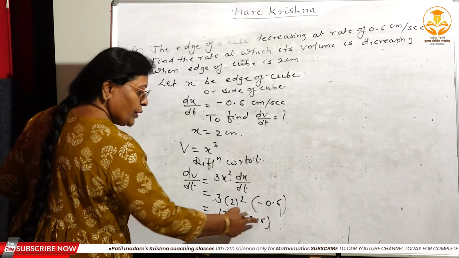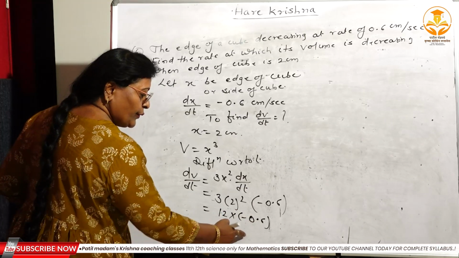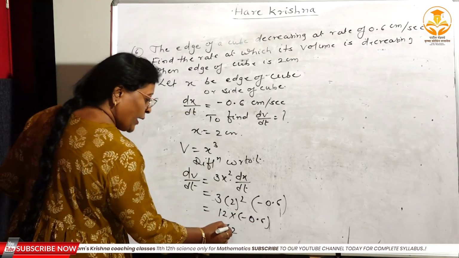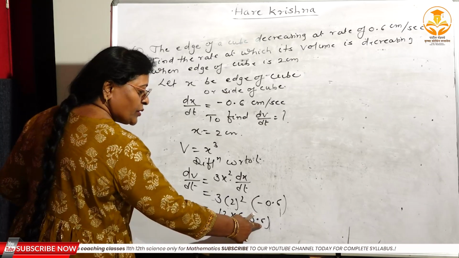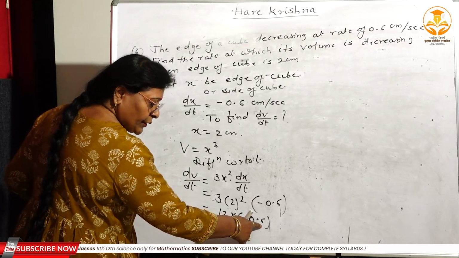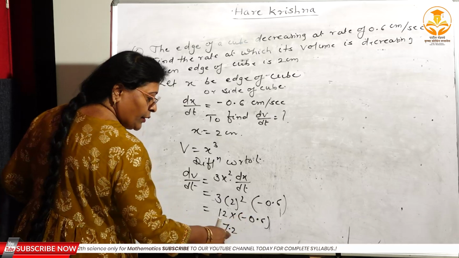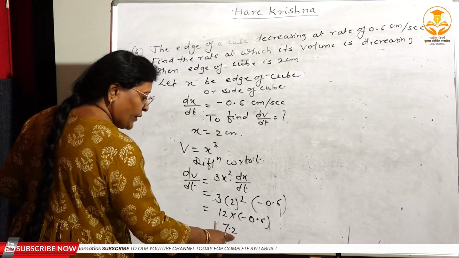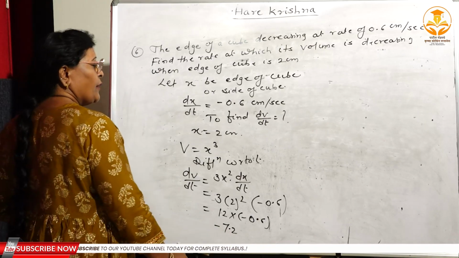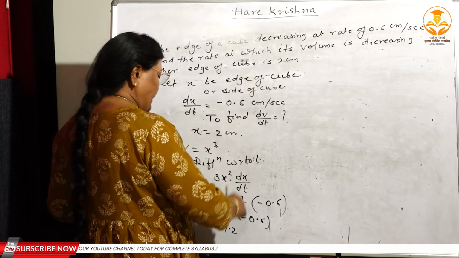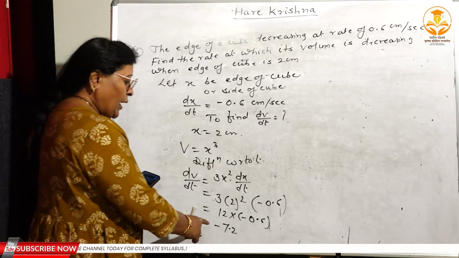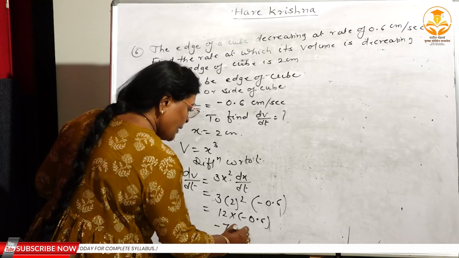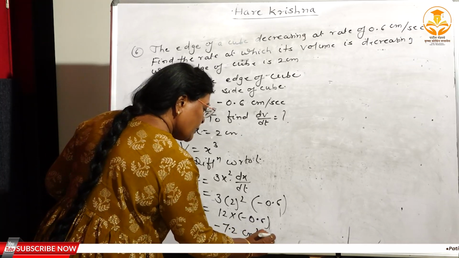This is 72, 6 twos are 12, 2 1 carry, 6 ones are 6, isn't it? Again this is 7.2 because there is 1 decimal here. You have to put the point after 1 digit, and this is minus. Therefore, the volume is decreasing at the rate of 7.2 centimeter cube per second.